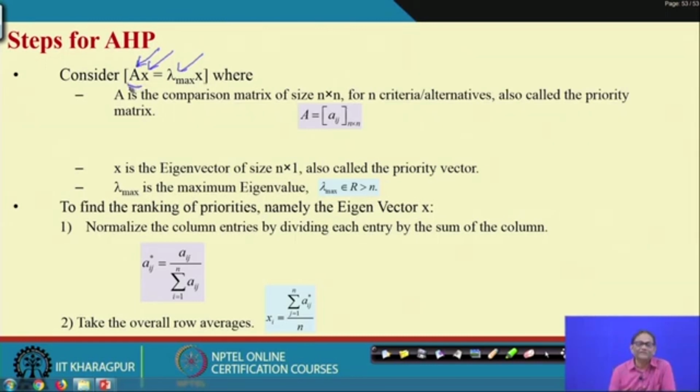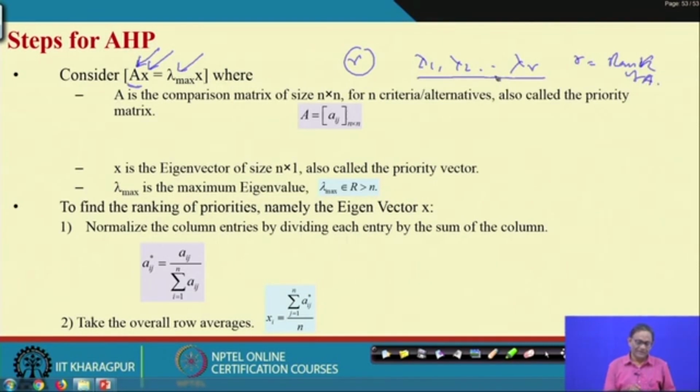So, lambda max means you will get a set of eigenvalues. How many eigenvalues? Depending on the size of the matrix, actually depending on the rank of the matrix. If the rank of the matrix is R, then you will have R eigenvalues, like lambda 1, lambda 2 to lambda R, where R is the rank of A. Out of this, the maximum one, usually in eigenvalue decomposition, we find the first one will be the maximum, followed by the second one, and that is basically the approach.